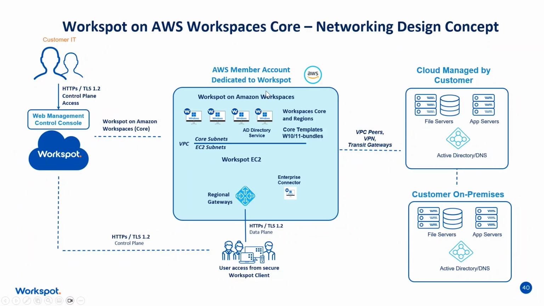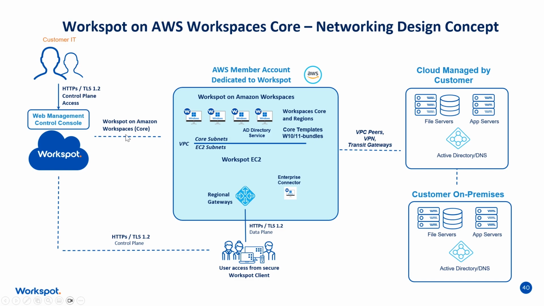If we look at Workspot on AWS WorkSpaces Core from a networking design concept, AWS Core has dedicated subnets, and we could actually have dedicated subnets for EC2, thus separating the two environments within the same account. And so we have the WorkSpaces that folks are familiar with in their particular regions and their template bundles, as they call them.